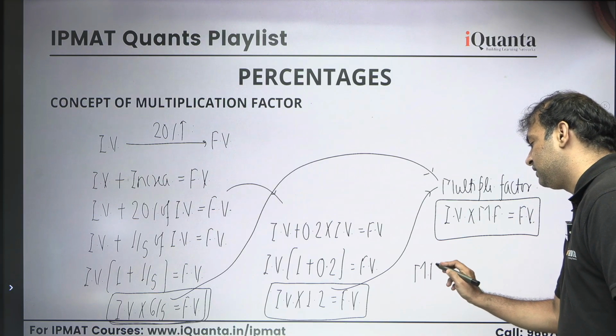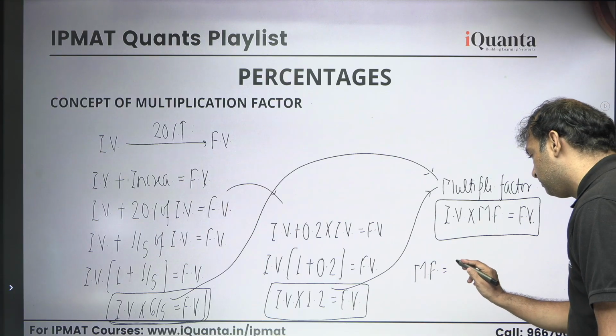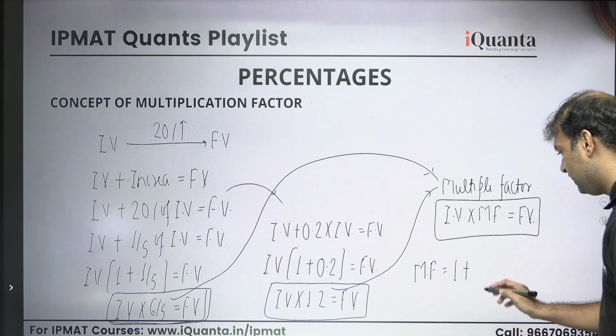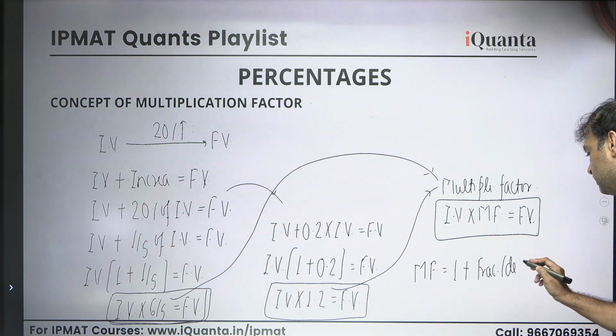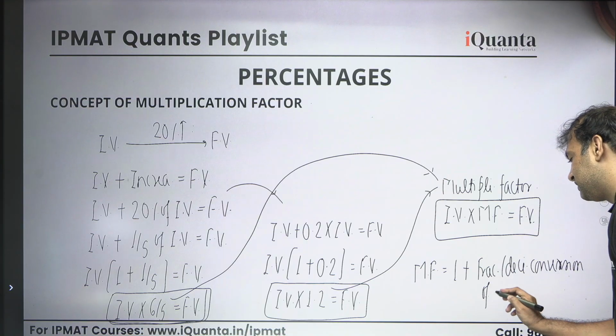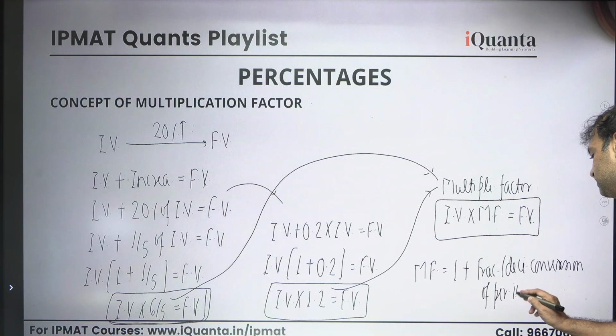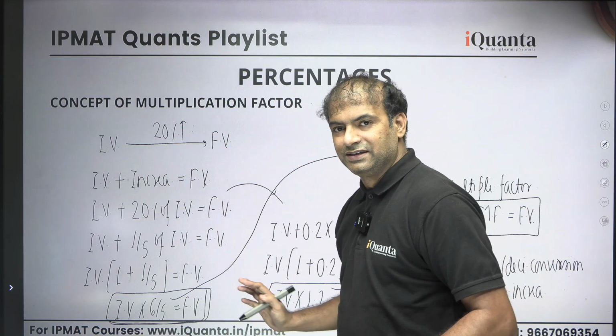So here in the case of increment, the multiplication factor is nothing but 1 plus the fraction or the decimal conversion of the percentage increase. The percentage increase is the one which will be given to us. Simple as that.